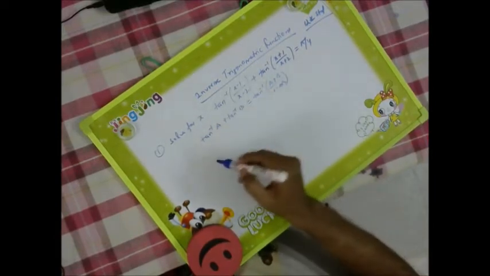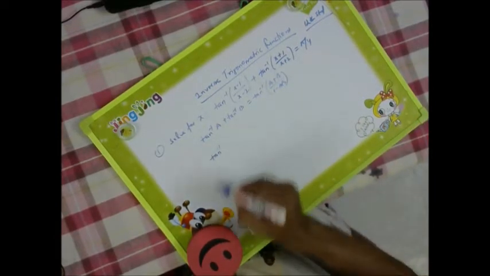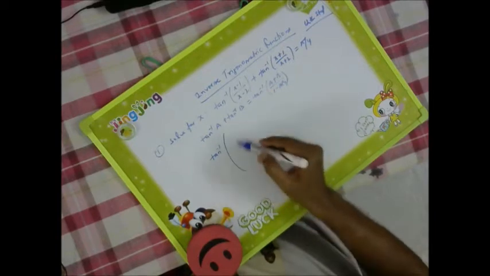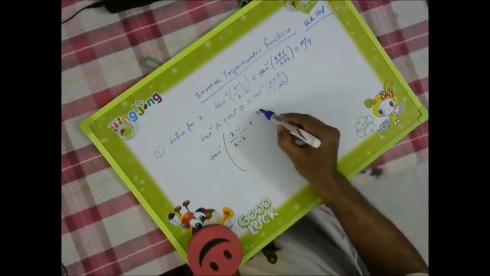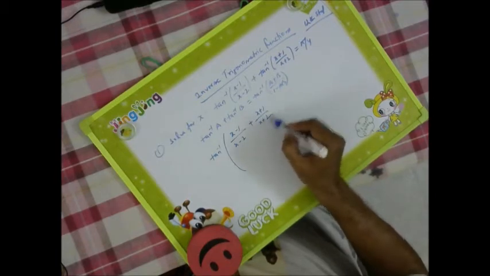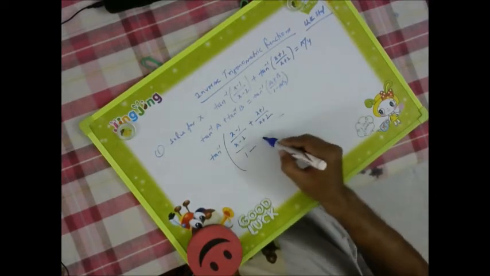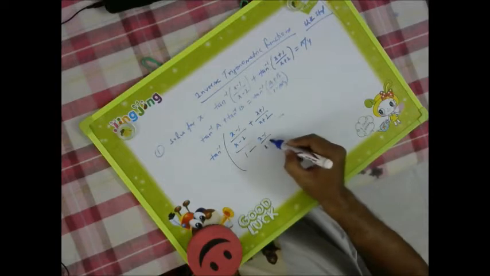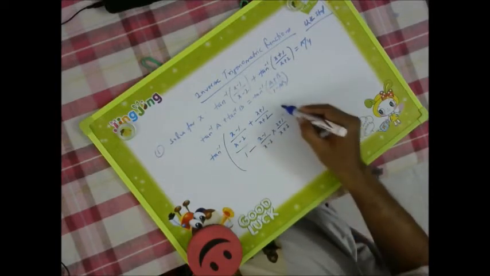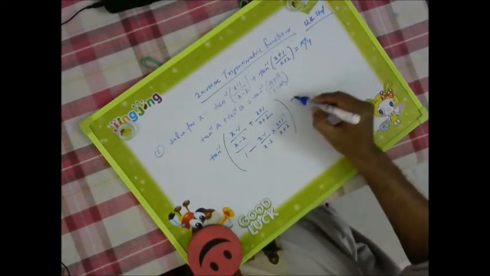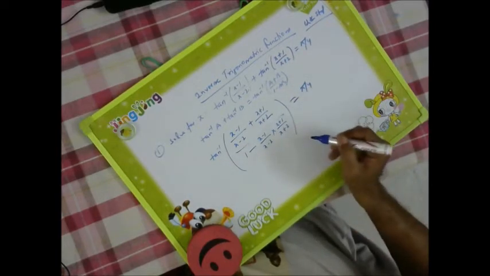So the left hand side of the given question becomes (x minus 1) by (x minus 2) plus (x plus 1) by (x plus 2), divided by 1 minus (x minus 1) by (x minus 2) into (x plus 1) by (x plus 2). This expression we will get, and it is equal to pi by 4.